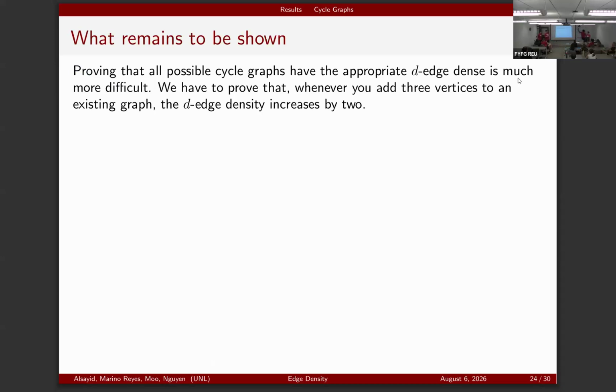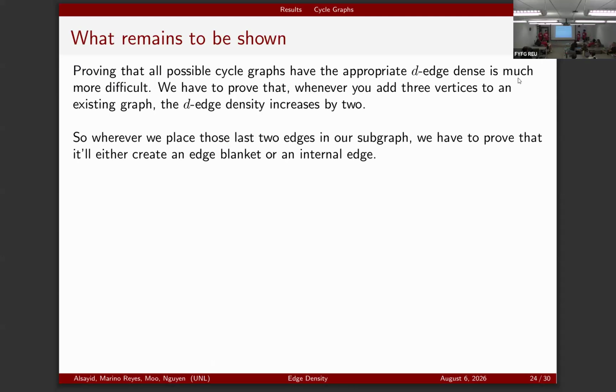However, proving that all cyclographs are D edge dense is a lot more difficult because our baseline is that however many vertices you have on a cyclograph, we're trying to say that whenever you add 3 more, your edge density will increase by 2. So wherever we place our last 2 edges on our subgraph, we have to argue that it'll always create an edge blanket or an internal edge.